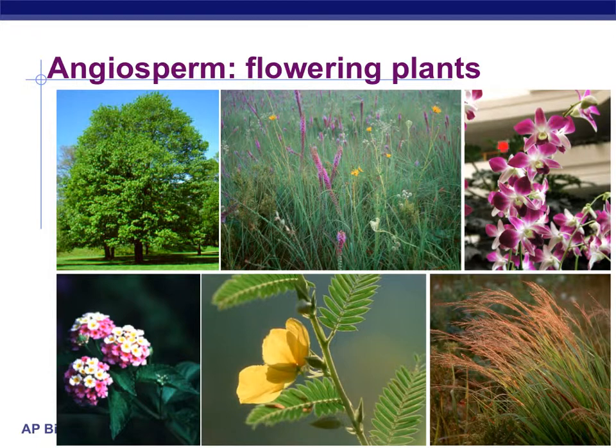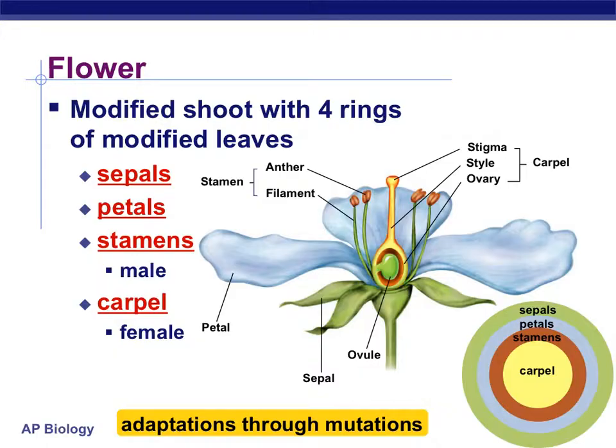There's many diverse examples of flowering plants. And really, most of the plants that you would see are actually flowering plants, from the grasses that you see to, of course, the flowers, and most of even the things you would call weeds in the ditch or growing in the sidewalk.